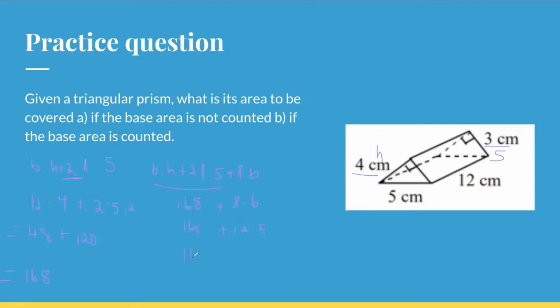So it'd be 168 plus 60 equals 228 centimeters squared.